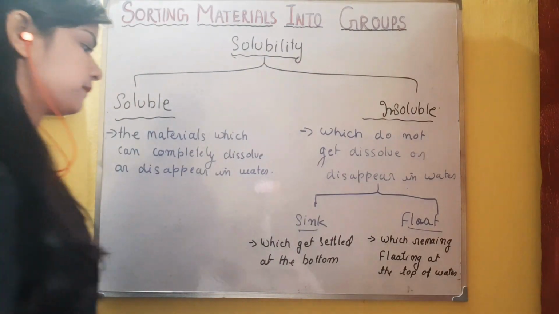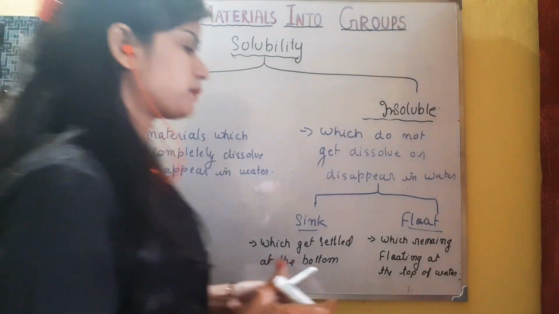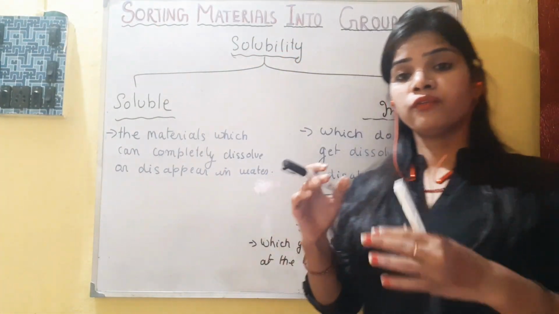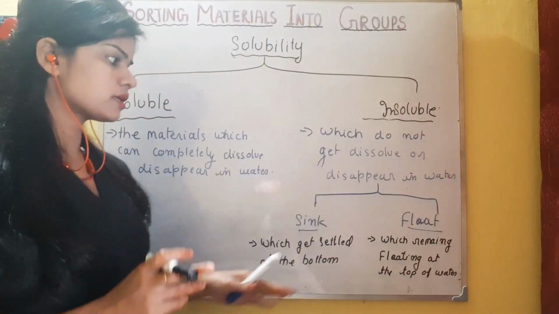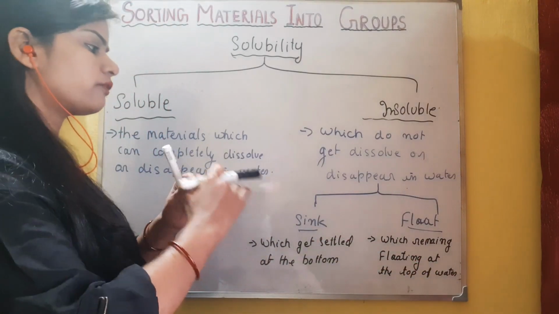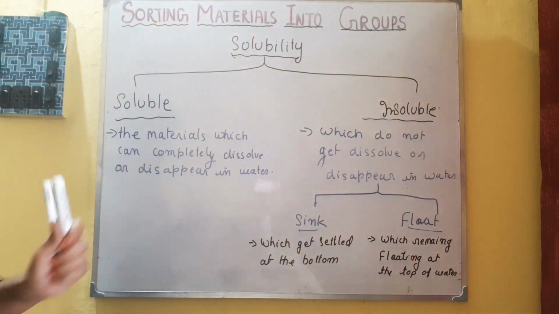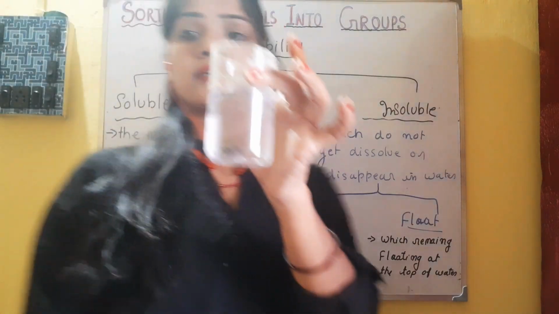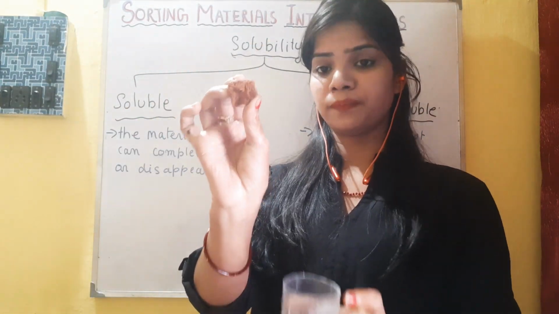Can you see? Yeah. So sink means the property of the materials which get settled at the bottom of the glass, and float is the material which does not sink, which remains at the top of the water. Okay, wait, see, this is the glass of water, and this is a stone.